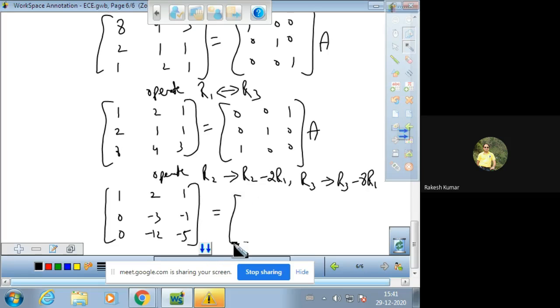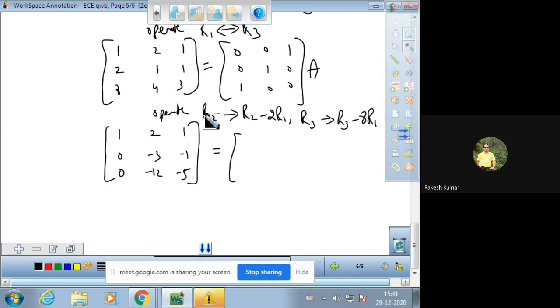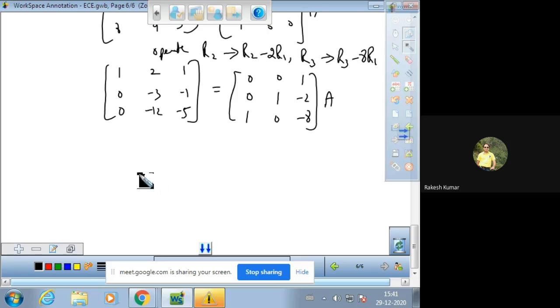So on the right hand side, you have to apply the same operations, and you just see what you will get. R1 as it is, R2 minus 2R1, 0 will be as it is, and this will be 1 and minus 2. Similarly, 1, this will be 0 and this will be minus 8. This is the resultant.